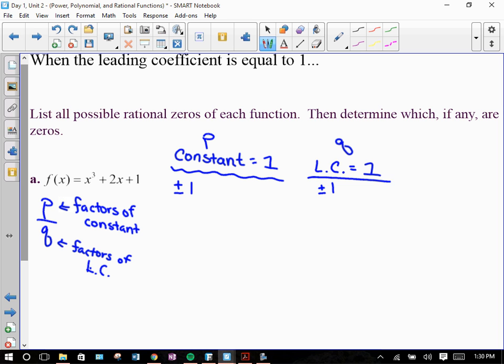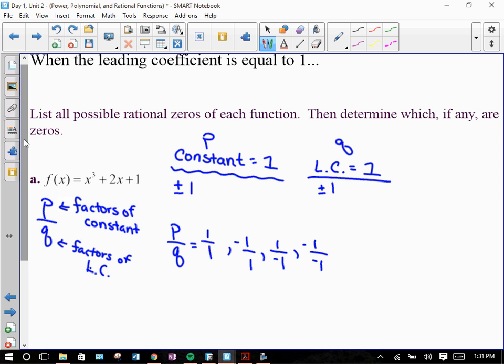So I can have positive 1 divided by positive 1. My P can also be negative 1, so I can have negative 1 divided by 1. I could also have positive 1 divided by negative 1, and negative 1 divided by negative 1.